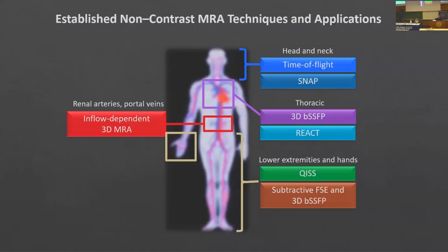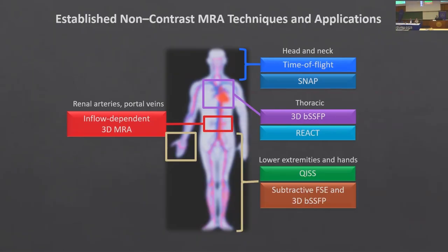Now, there are a number of established and also a number of not established techniques for non-contrast MR angiography. I'm going to talk about the established approaches at the beginning of my talk, and then go into the fun, non-established approaches that I think have a lot of potential to really improve the quality and utility of the exams. So here we just have a summary.